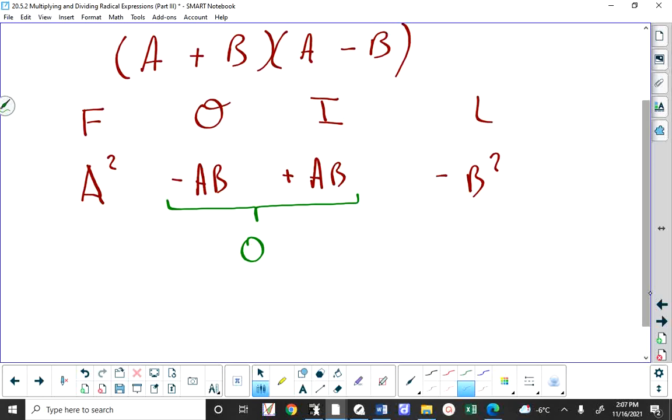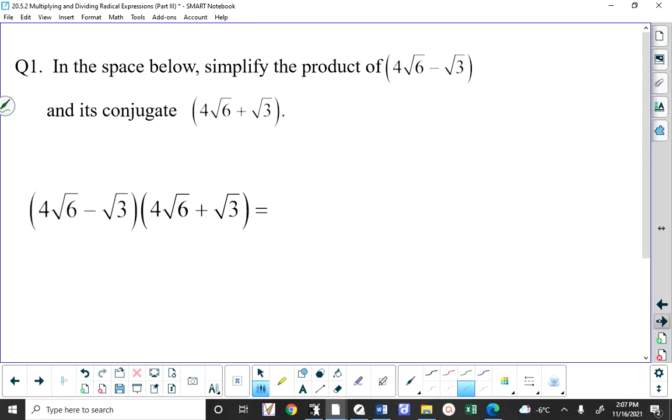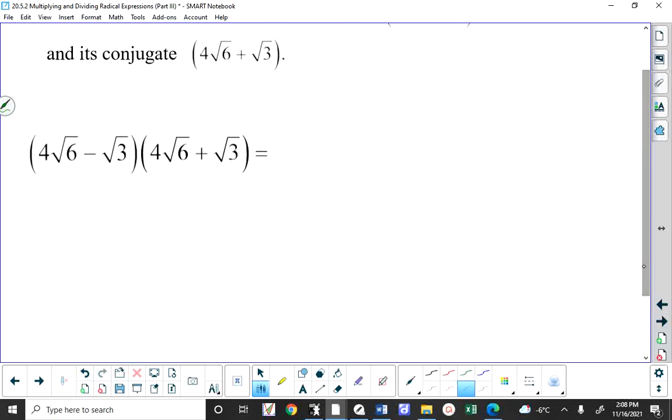We can try another one. We can try this one. These are binomial conjugates. So I'm going to write this below where I have a bit more room. First, outer, inner, and last. My first is, and be very careful here, I know from experience how easy it is for students to make a mistake. 4 root 6 times 4 root 6, which is 16 times 6.